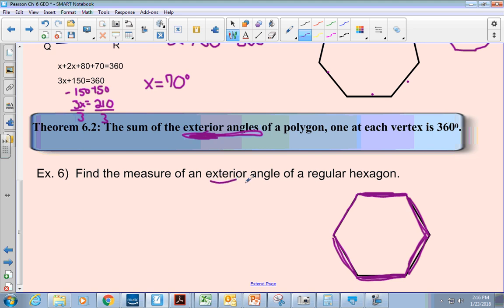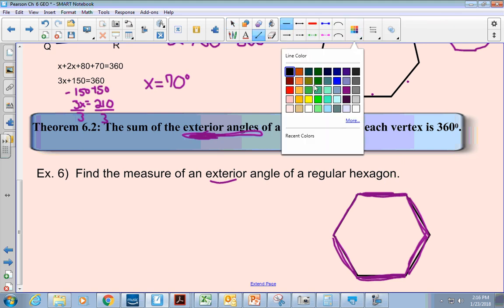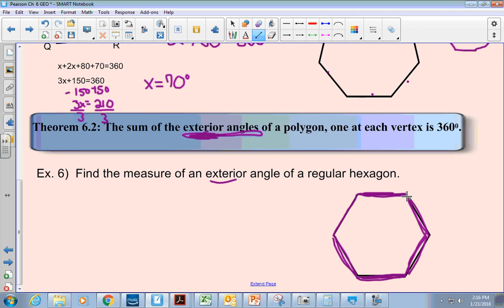So exterior angles are what you get when you extend the line out. I should have used a line. Let me use a line. This looks terrible. So when you extend the line out, great. This way, the exterior angle is right here. So imagine that we've extended all these lines out.